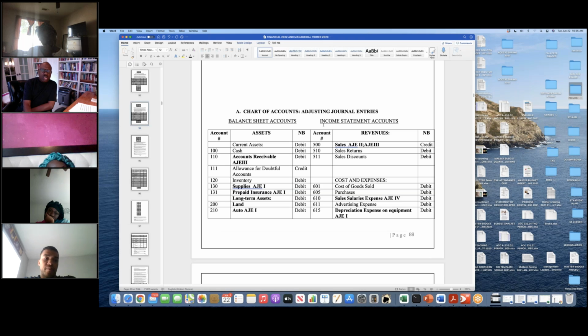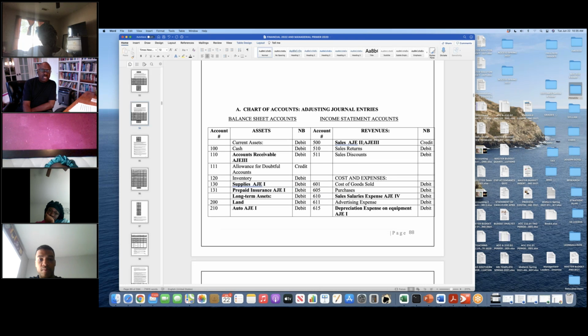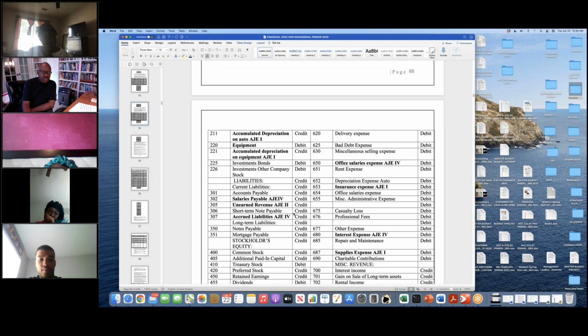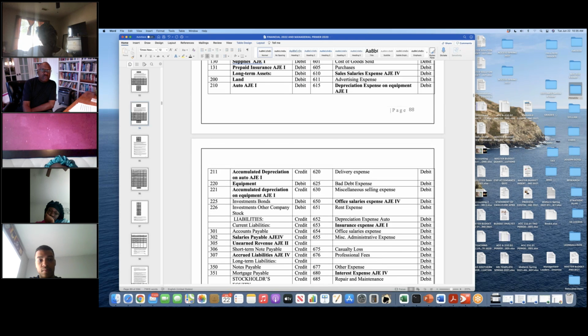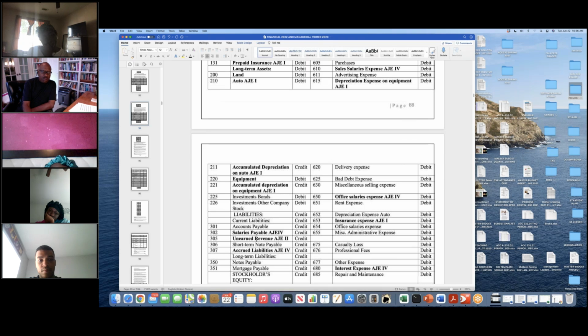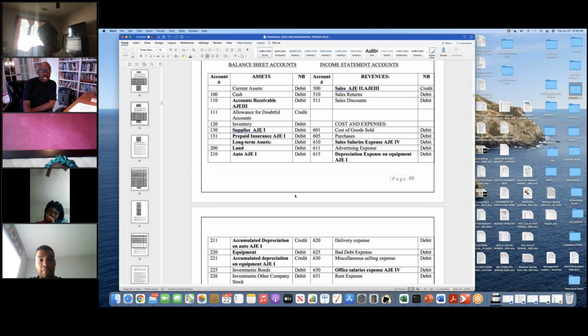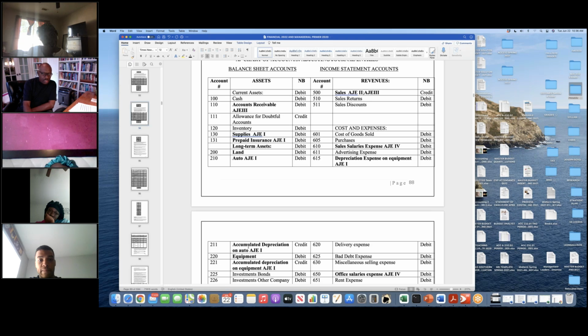So what this chart is showing you is if you have an adjusting entry, what accounts are involved, whether it's an AJE 1, AJE 2, AJE 3, or AJE 4. It already tells you what accounts are involved. Notice that it's always a balance sheet account and an income statement account, but not cash. Cash is never in the adjusting entry.